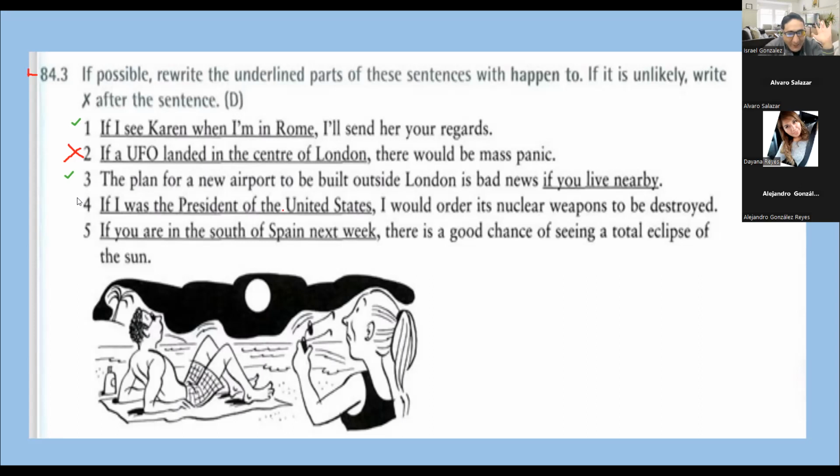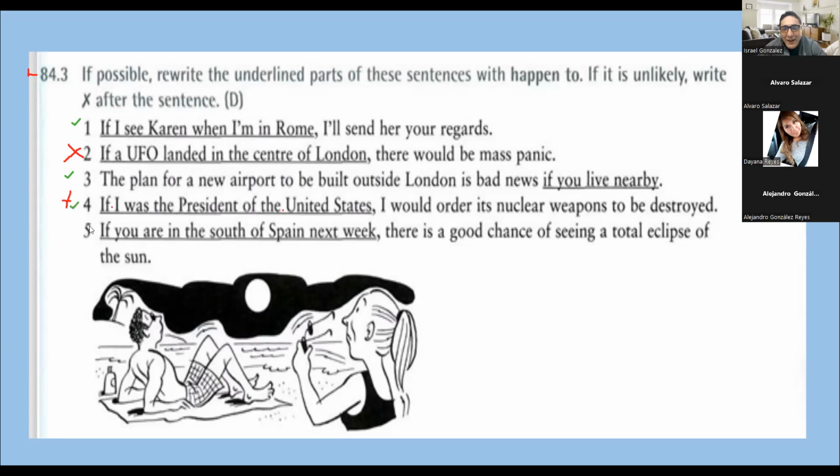So there is a chance. But if it is just I am Mexican and I will never be the president of the United States, there may not be a chance. So it could be yes or it could be no. It depends on what you think.